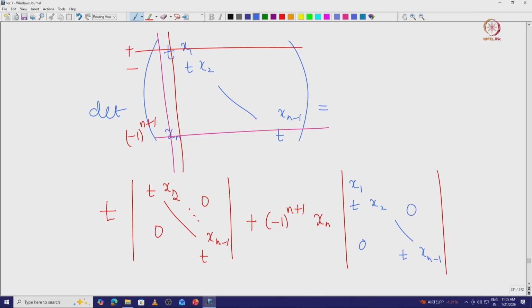So, anyway, you get upper triangular and lower triangular matrices, for which it is easy to compute the determinant. So, you can see that the determinant of this X is going to be t power n plus minus 1 power n plus 1 x1 etc. x_n. So, this is going to be the determinant.